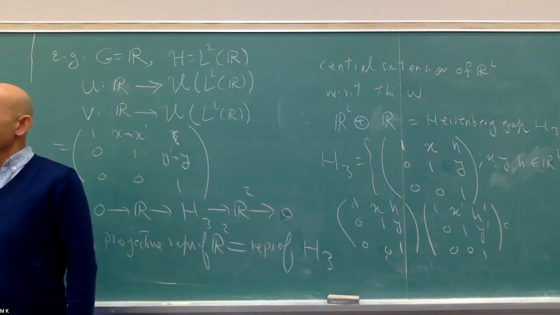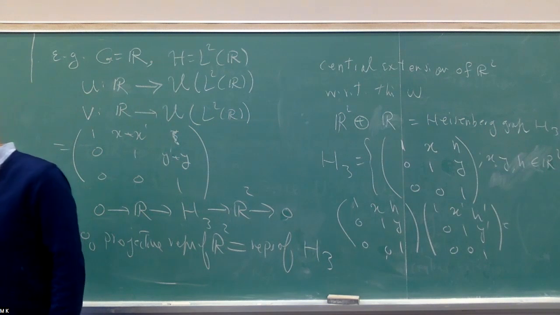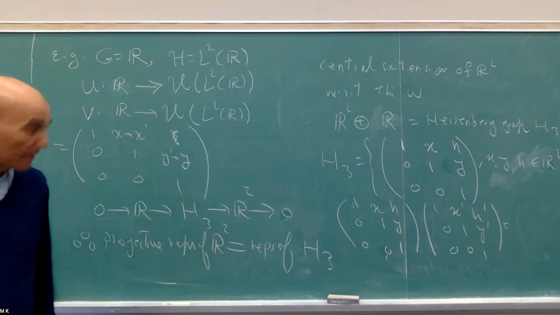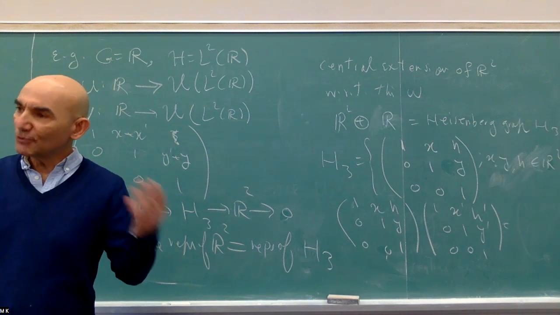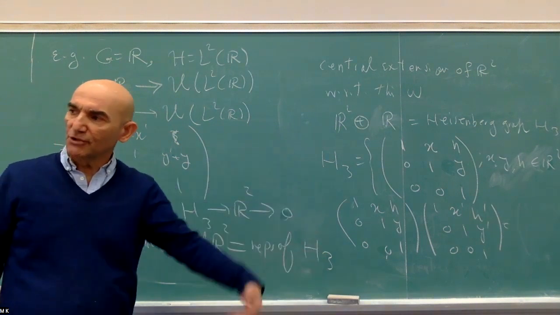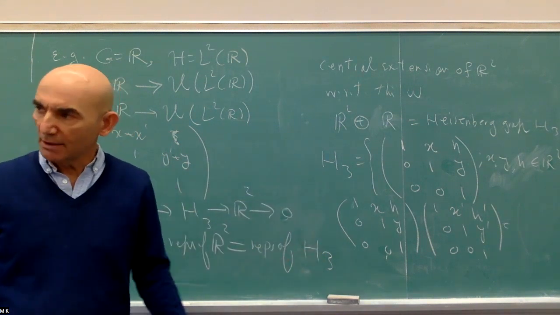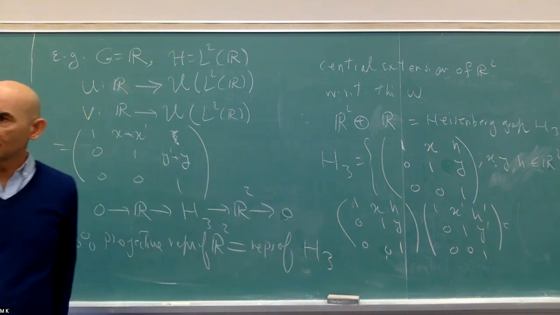Unless maybe R2 has more central extensions. Yes, that's a very good comment. There aren't, up to these trivial modifications, adding coboundary terms. Yeah, that's right.